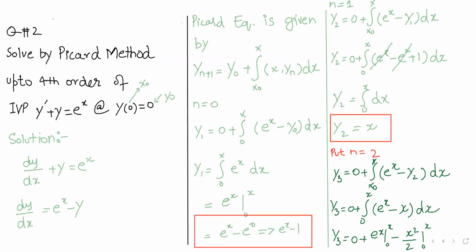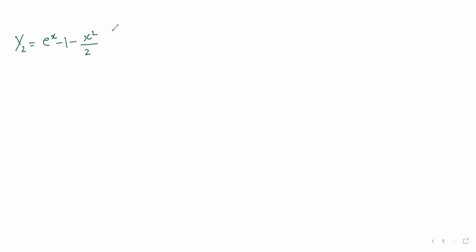So once we put the value in here, our answer will be y2 equal to e^x minus 1 minus x squared by 2. This one will be e^x minus 1, and this is x minus x squared by 2. Okay, so this one is your y2, and let's move on.